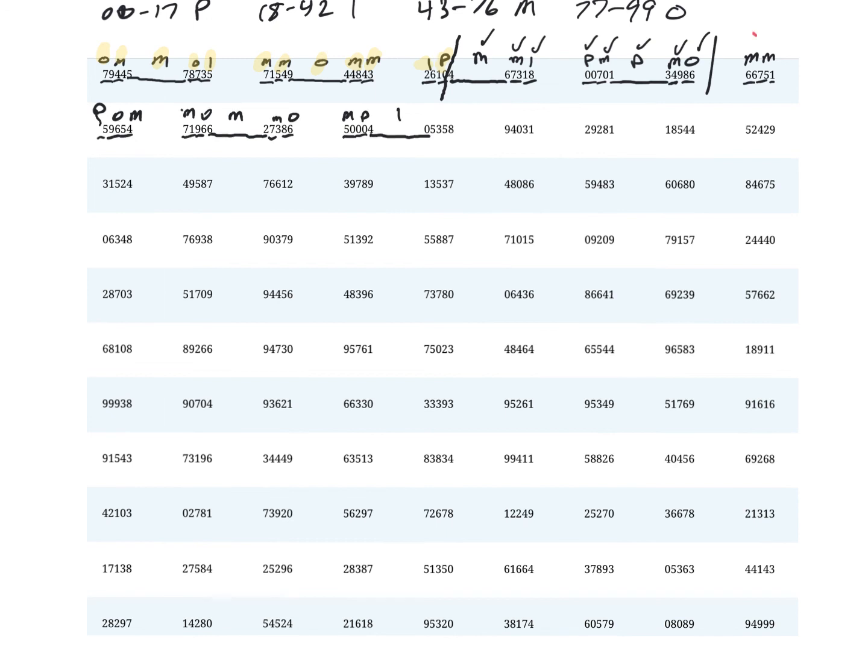let's count these. 1 2 3 4 5 6. Oops, missed one. That's what happens. So 1 2 3 4 5 6 7 8 9 10 11 12 13.